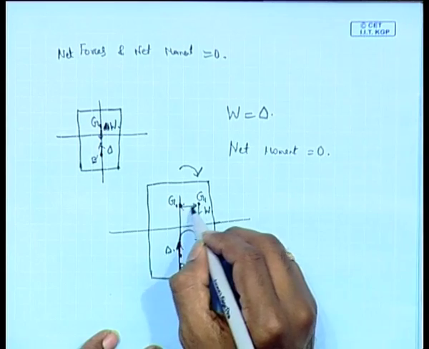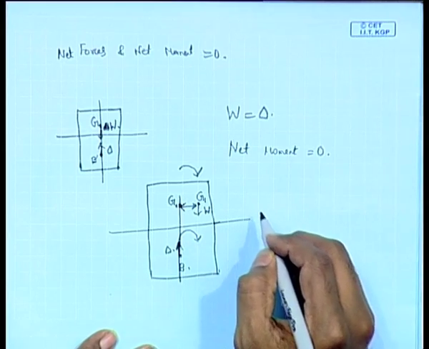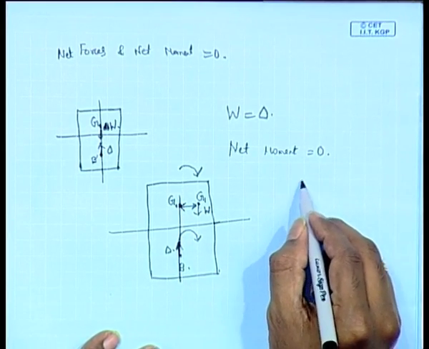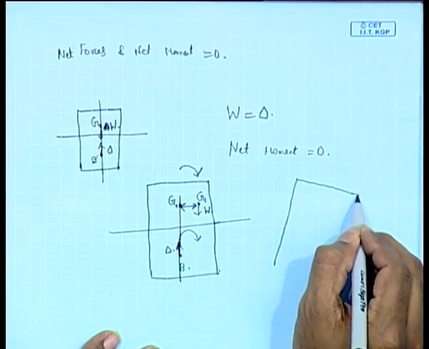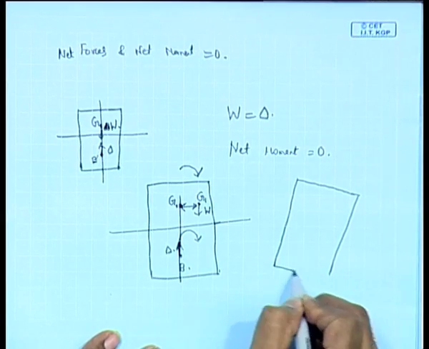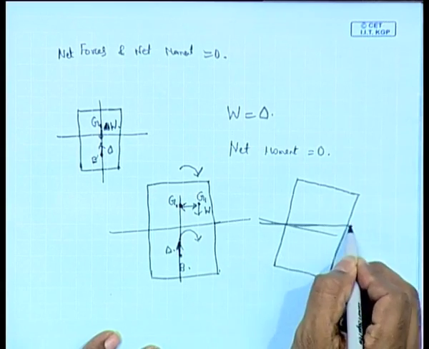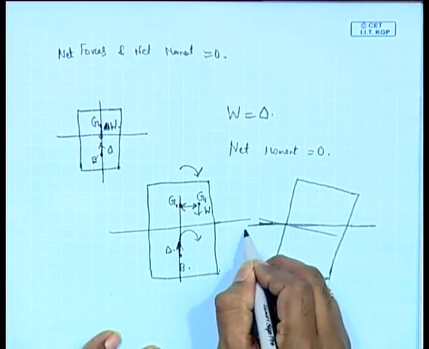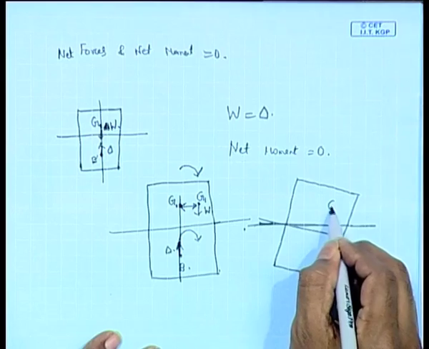So when this turns, this is the water line again, and G has moved here.